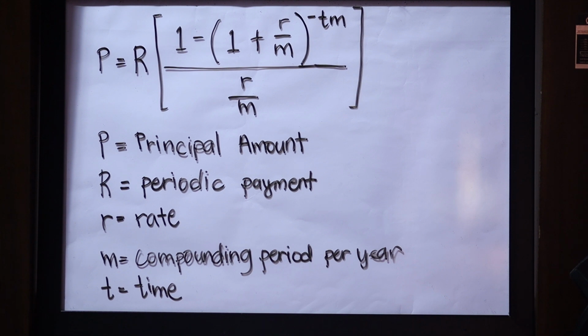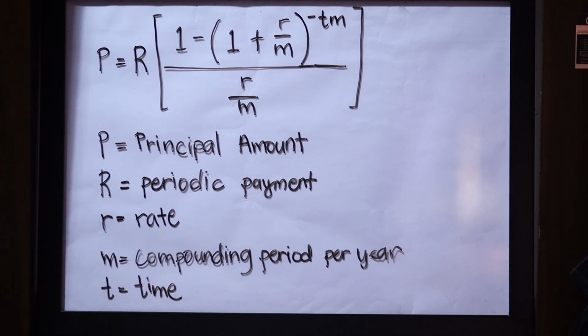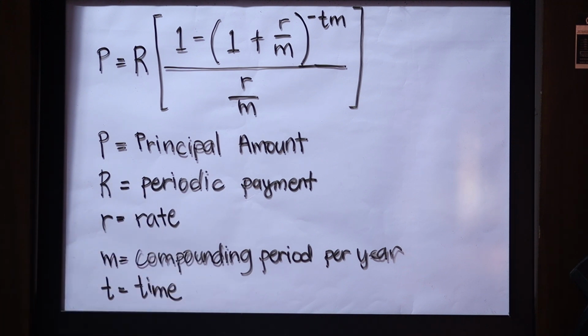And then, same with periodic payment, kagaya nung kanina sa future amount, there are other books na ibang letter or variable yung ginagamit na denotation for periodic payment. Okay lang siya, basta ganito yung format niya. Kasi there are a lot of formulas available in the internet, in other books.